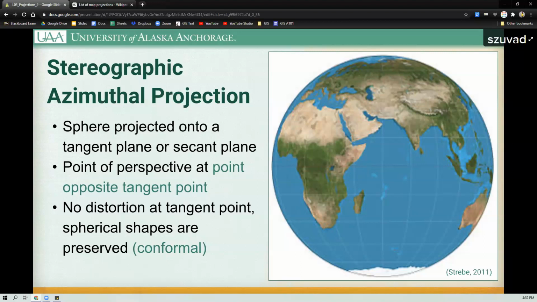So in this one, they happen to select a point which is rather unique for mapping, off the Cape Horn. So you can see far less distortion in that region of the world than you typically see in mapping.